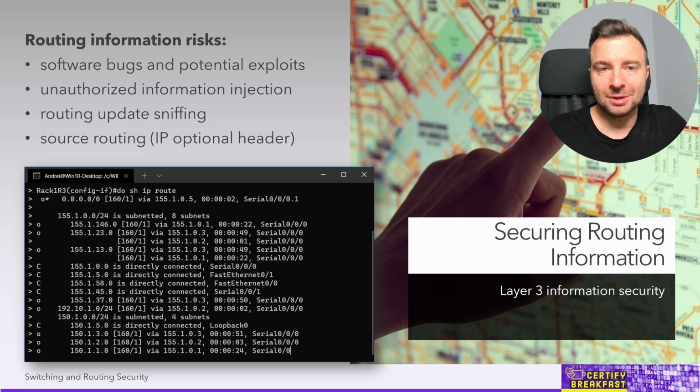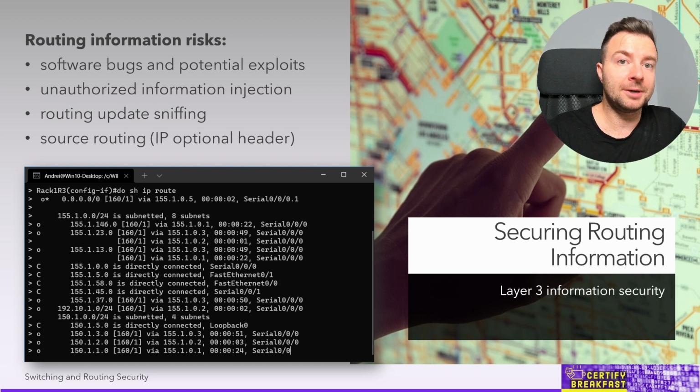Also, unauthorized information injection is another risk, which means that by default, every routing protocol out there is not going to enforce any kind of authentication requirements. So basically, whoever sends a RIP update or EIGRP update or an OSPF update is going to be accepted.